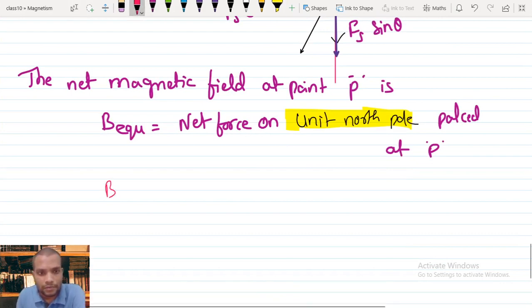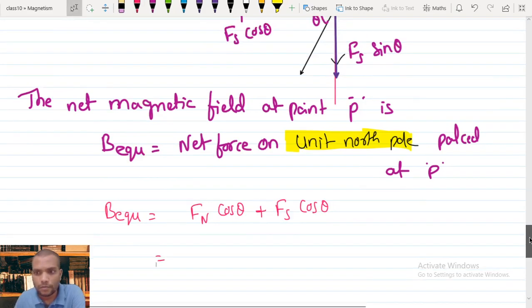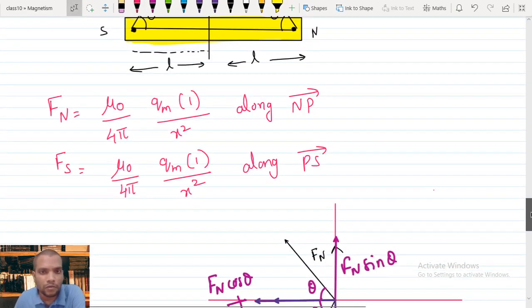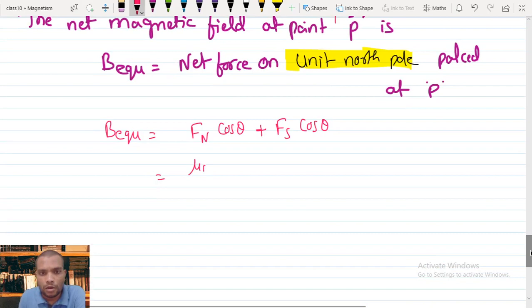It is just a helping hand, so let us finish this. B equatorial equals the net force. I can get the force Fn cos theta plus Fs cos theta. What is the magnitude of the force? There we got the magnitude of the force due to the north pole, Fn equal to mu naught upon 4 pi times Qm by x square, so mu naught upon 4 pi times Qm upon x square cos theta.